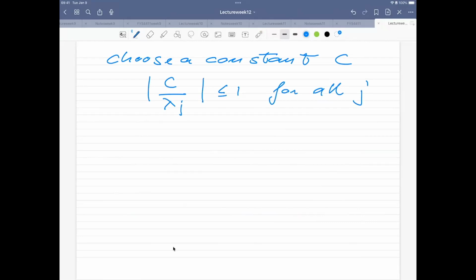And then what we are going to do now is to make a controlled rotation. This is the next thing which we do now on the ancilla qubit.